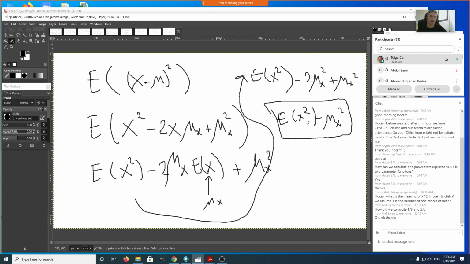Okay, so in order to find the variance of some variable, all you need to do is find the expected value, this is E of x, and find the expected value of the square.